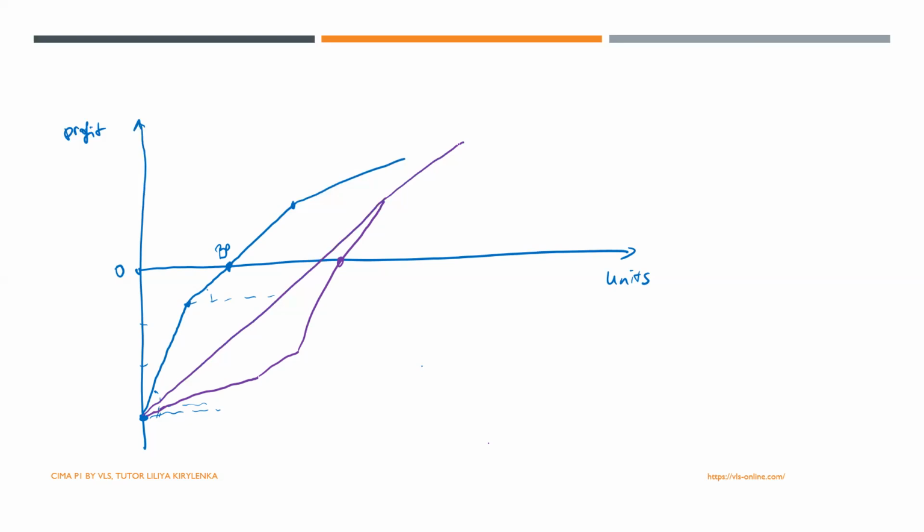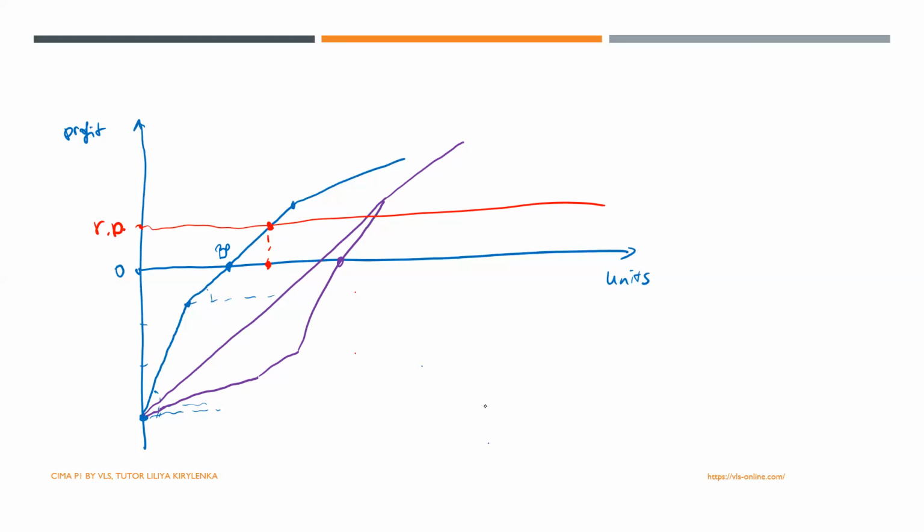And of course, it may as well be that we want not only to break even, but also to produce required profit. So here, required profit. And in this case, our number of units that we want to produce is going to be higher than just in break even.